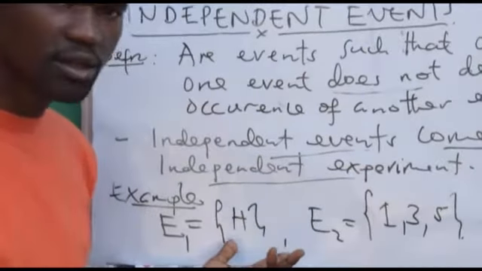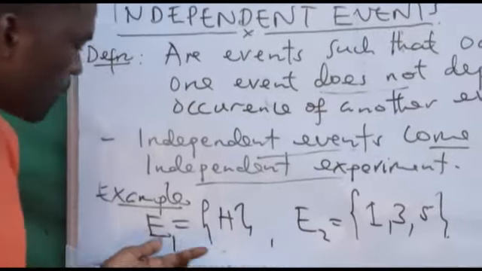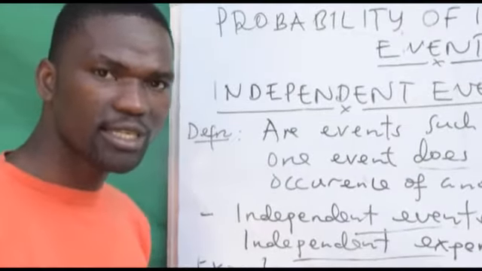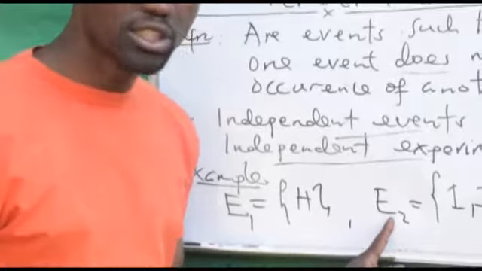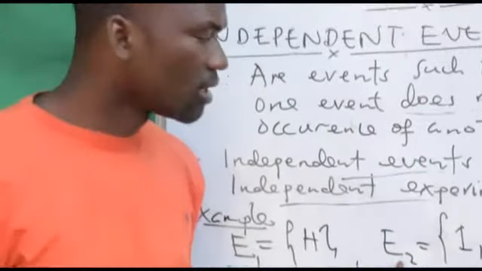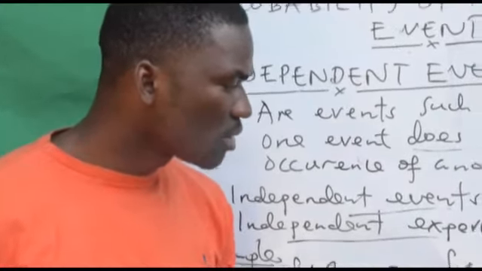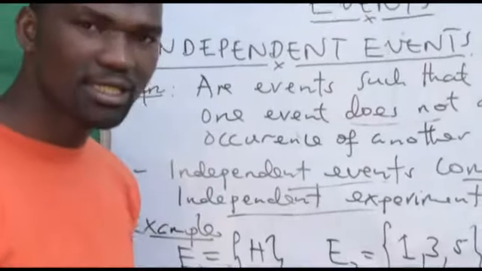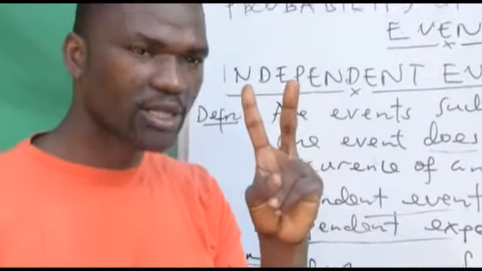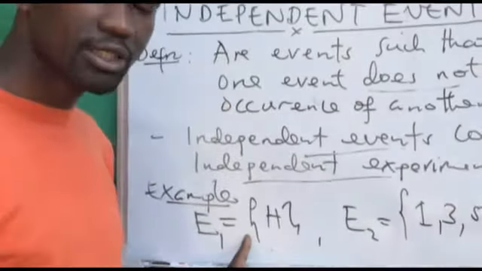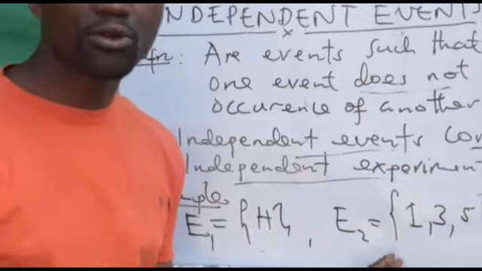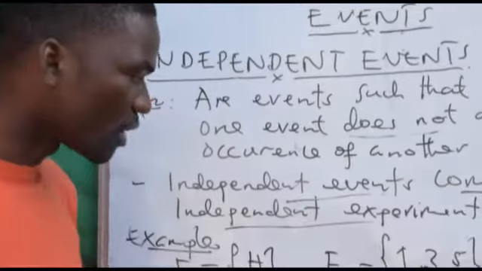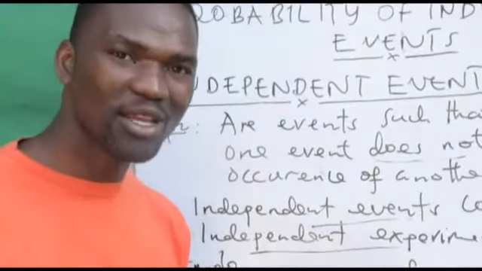Check these events. This E1 is the event that a head will occur after tossing a coin. And this event E2 is the event that an odd number, 1, 3 or 5, will occur after rolling a die. So you can see you have two experiments. The first one is tossing a coin and the second one is rolling a die.